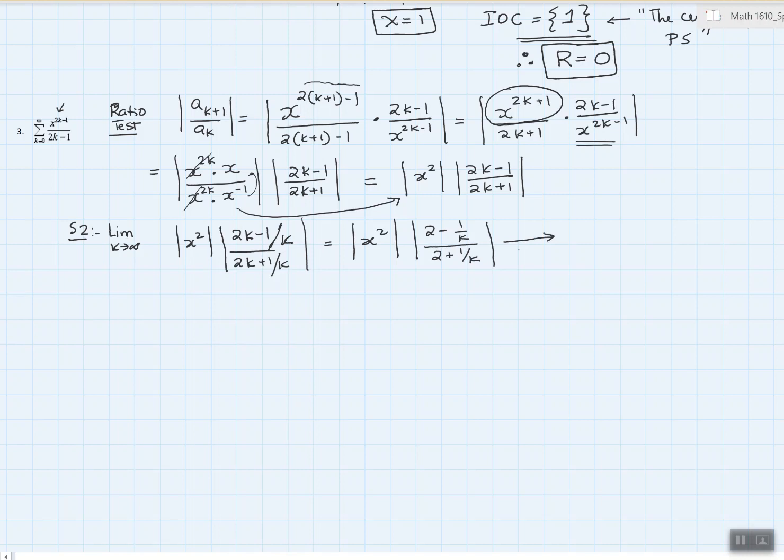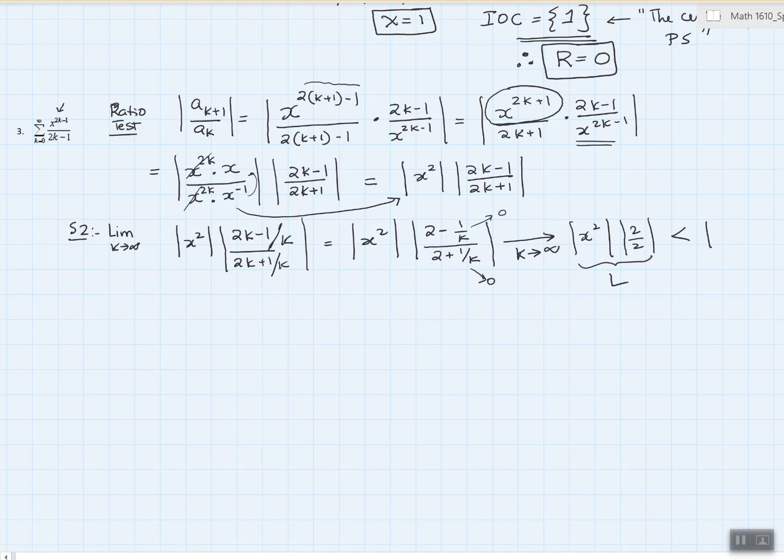Now we are ready to take the limit. So as k goes to infinity, this guy goes to 0, this guy goes to 0. So I'm left with absolute value of x squared and 2 over 2. So this is my L, and this must be less than 1.